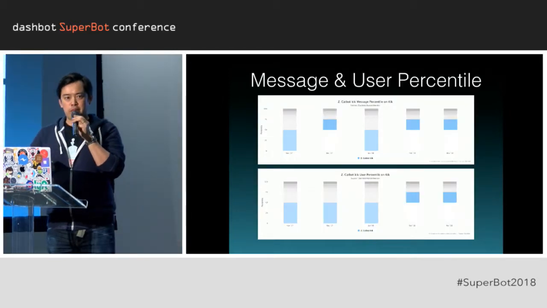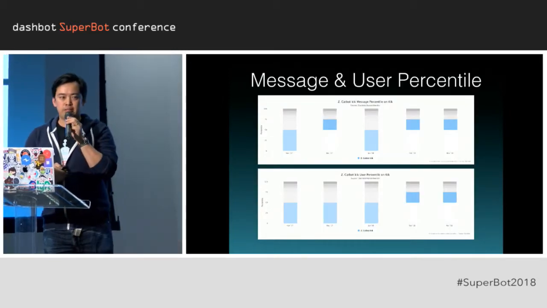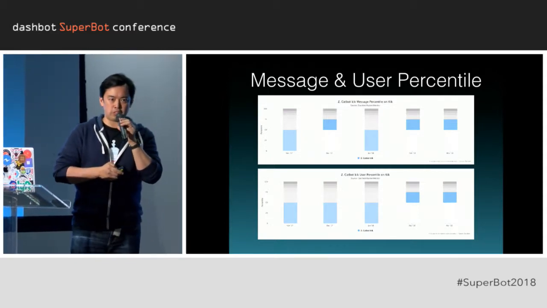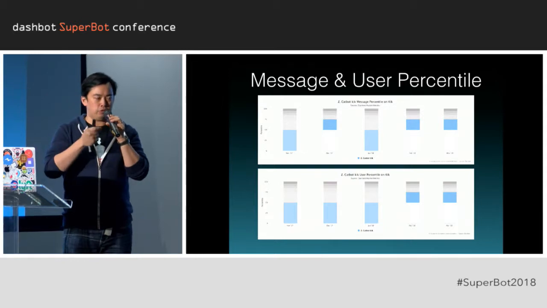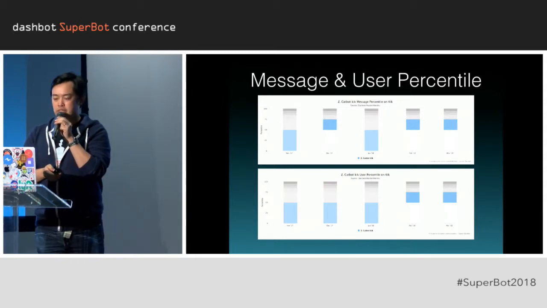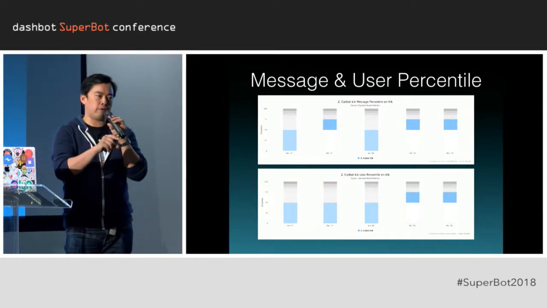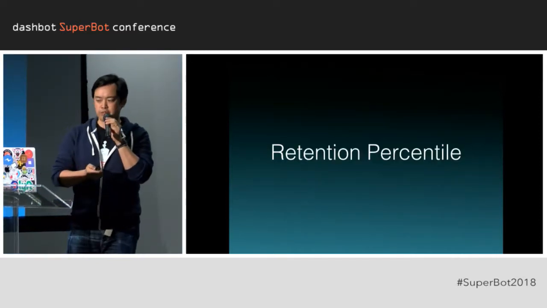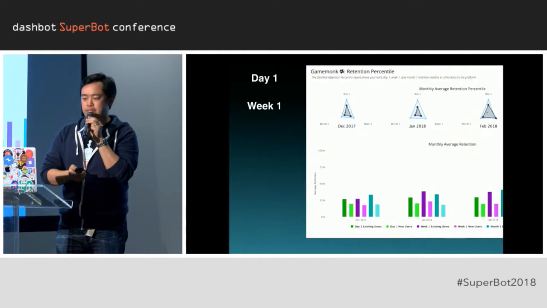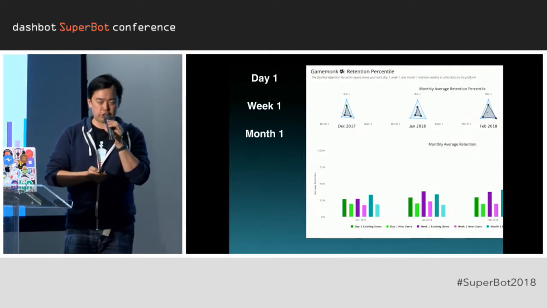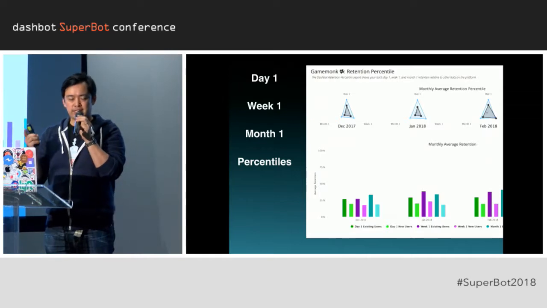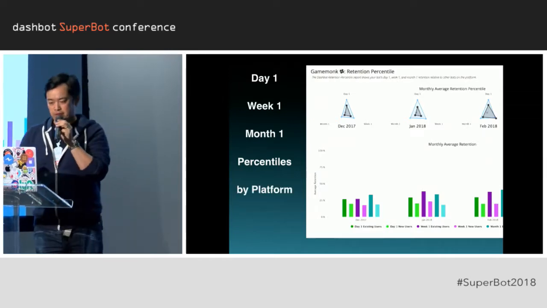The product we launched last year was a benchmarking report based on message and user percentile, which is based on the quantity of users and messages your bot or skill received over the past month. How do you compare to the rest of the bots in your platform? So today we're launching retention percentile, which gives you day one, week one, and month one retention, giving your percentile across the retention by platform as well.